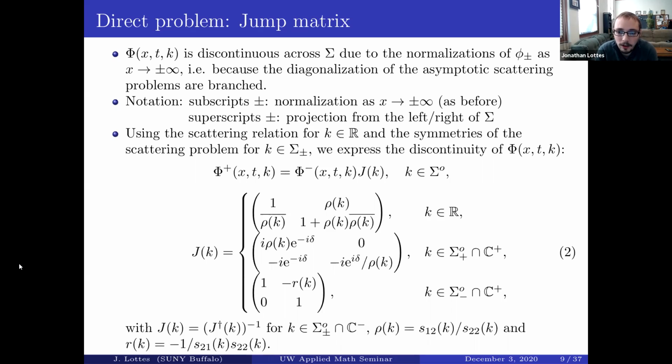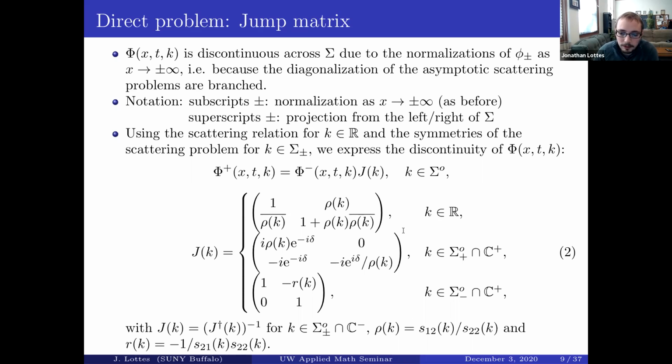So for k in R, we can just use the scattering relation and then rearrange things to come up with this jump condition. If you're on the branch cuts, then you look at some of the symmetries of the scattering problem and then play a similar game of rearranging things. And so we find that the projection from the left of phi is equal to the projection from the right times this jump matrix J given here.